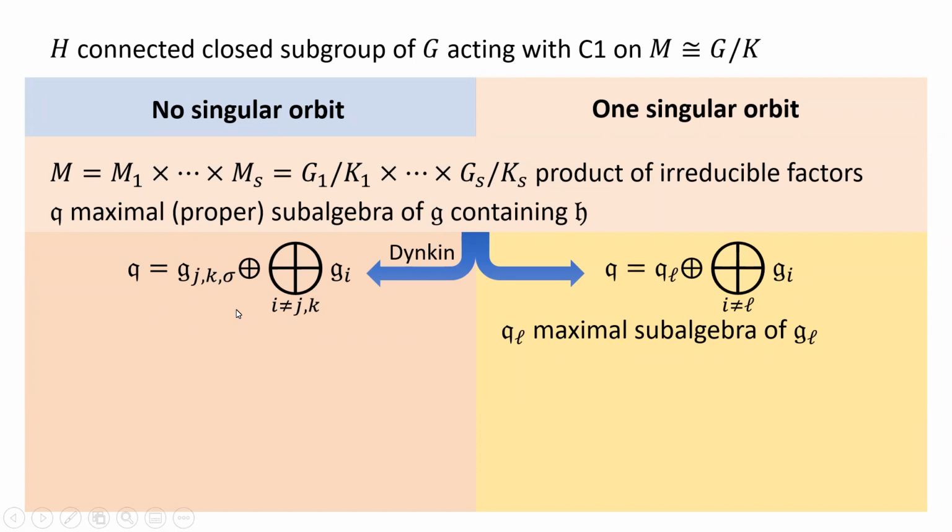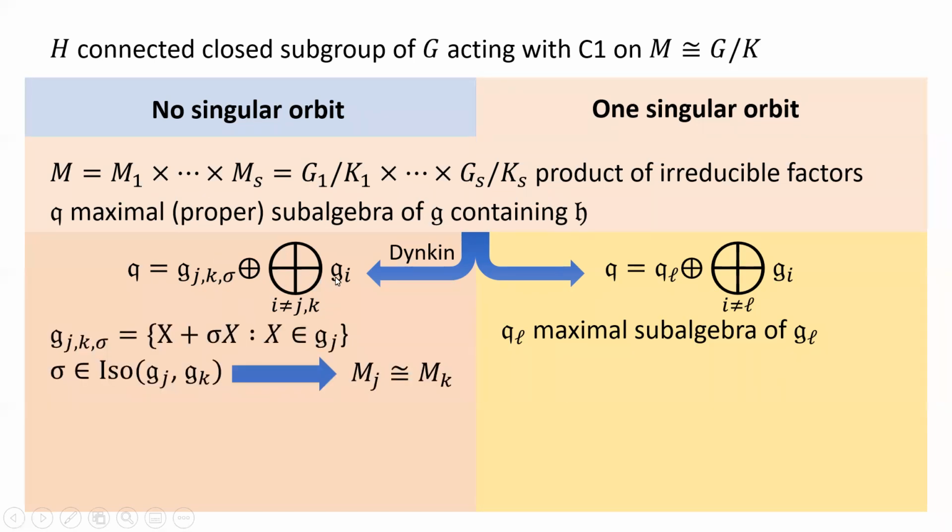Okay, the other case is when you consider in Q all the simple factors but two, say with indices J and K, and you add this diagonal Lie subalgebra of Gj plus Gk. How do you construct this? Okay, so first you need the simple factors Gj and Gk to be isomorphic, and you consider an isomorphism. This means that at the symmetric space level, the corresponding irreducible factors are homothetic, are isometric up to rescaling.